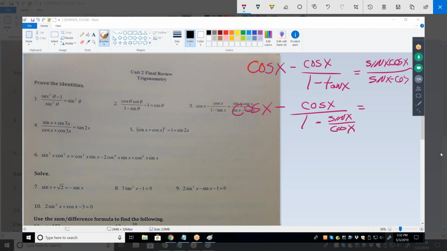Now, the whole left side is in sine and cosine. The whole right side is in sine and cosine. All I need to do is perform a little bit of algebra on that, and I'll bet it turns into the right side. So where do we start in performing our algebra?